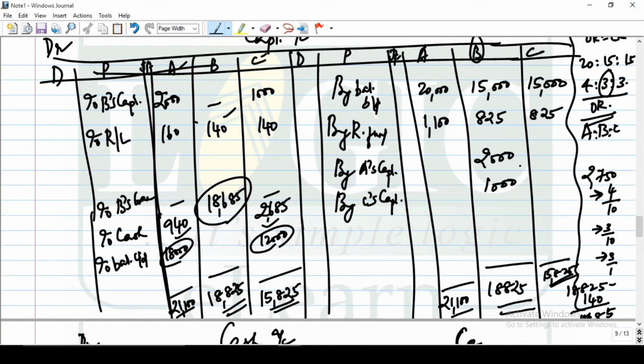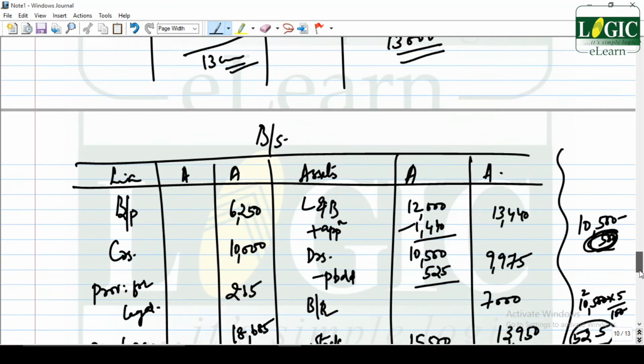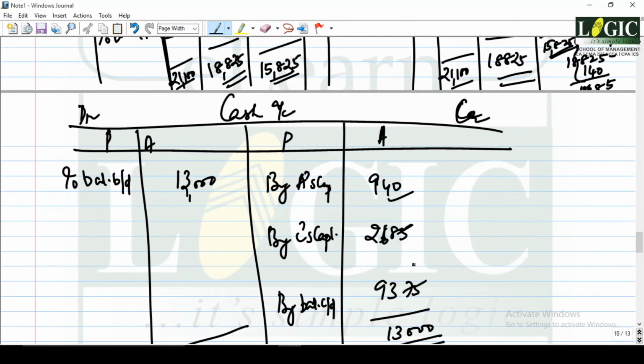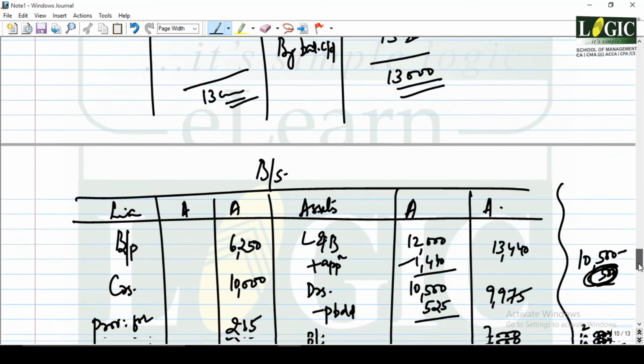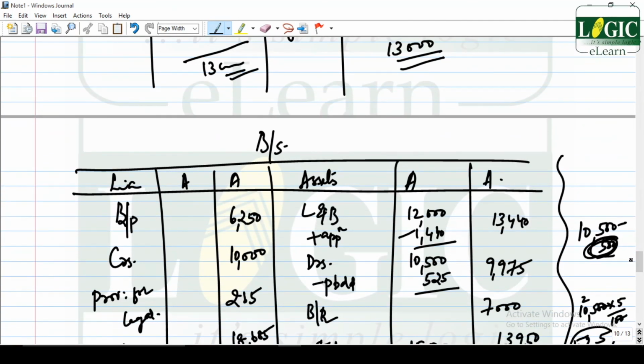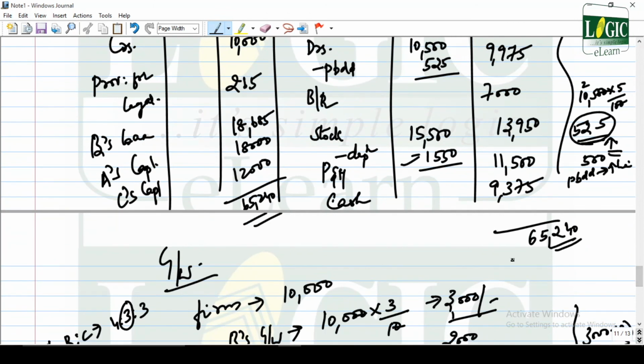Now you put this as balance, so heavier total on both sides you incorporated. So the difference you transferred to cash account, which will have its impact in cash account. So balance is there 9,375, then put it in cash account. That is how the balance sheet tallies.